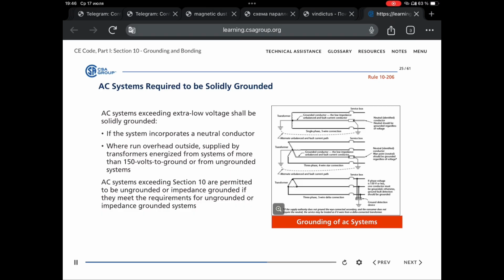AC systems exceeding the values prescribed by Section 10 of the Code shall be permitted to be ungrounded or impedance grounded, provided they meet the requirements for ungrounded systems or impedance grounded systems.